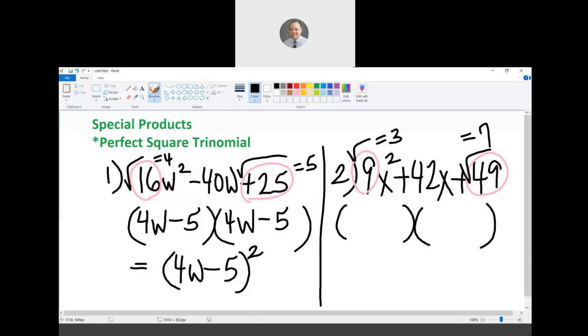Draw your 2 parentheses. What goes in the first 2 spots is the square root of 9. So that will be 3 along with x. What goes in the last 2 spots, square root of 49, or just 7. So we got 7 and 7.